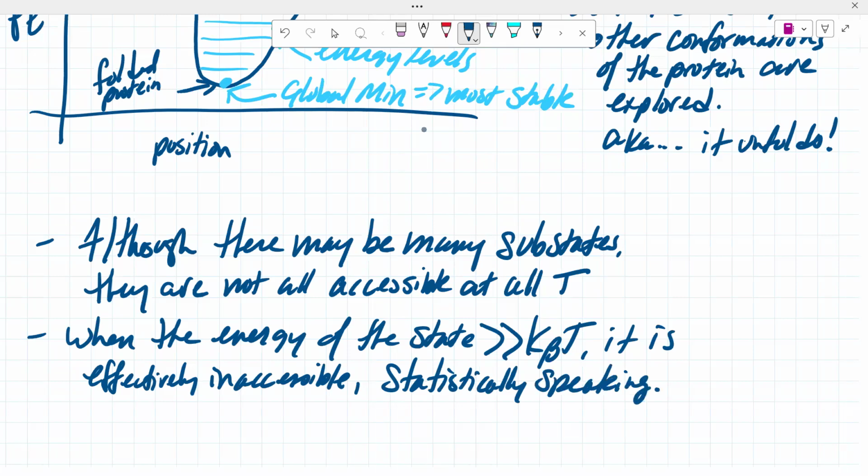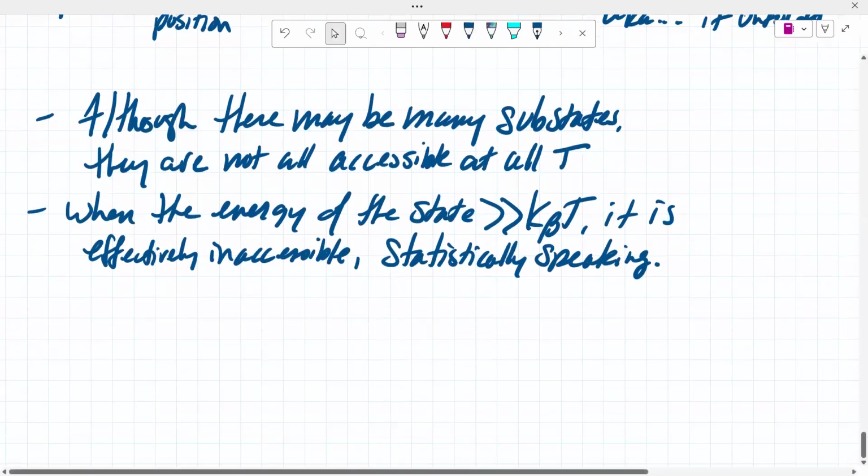That does not mean it's impossible, it's just highly unlikely.